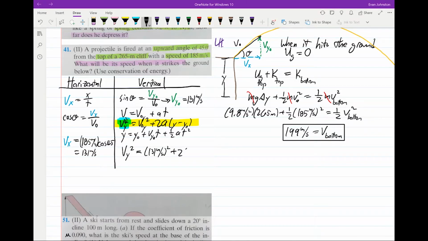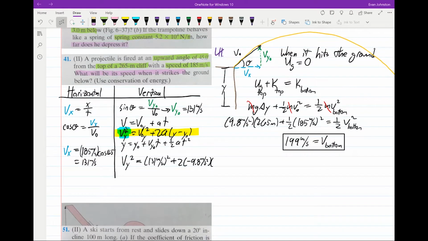Plus twice, and now gravity acts downward, so that's a negative 9.8 meters per second squared, while this initial y velocity was going upward, so it's positive. And then times our difference in height. Well, where do you want to call zero, in all honesty? That's kind of the challenge here, to be totally frank.